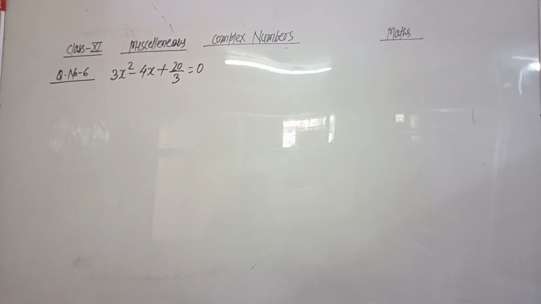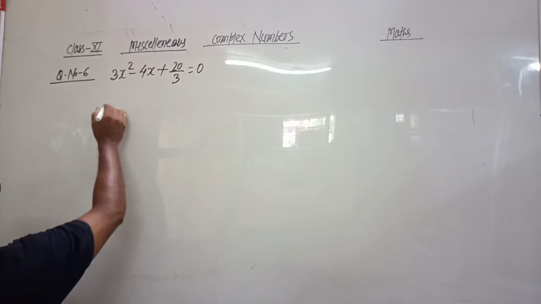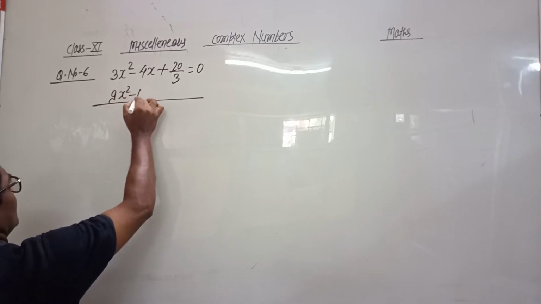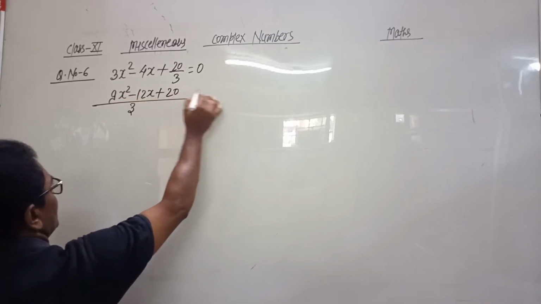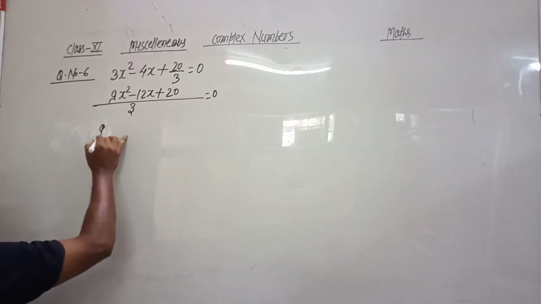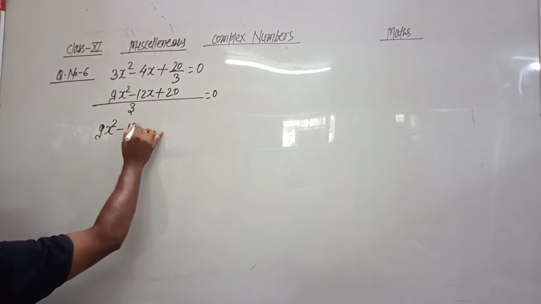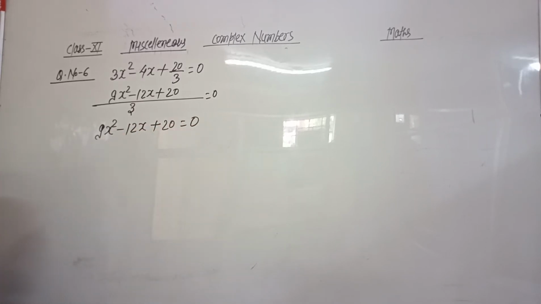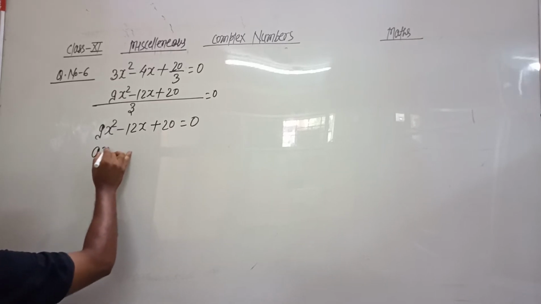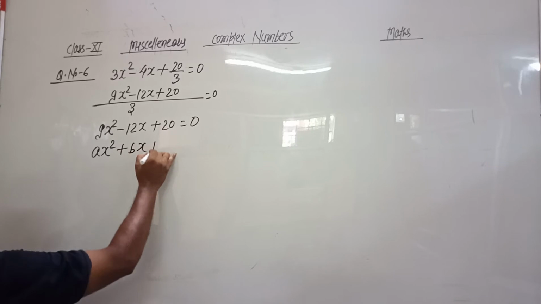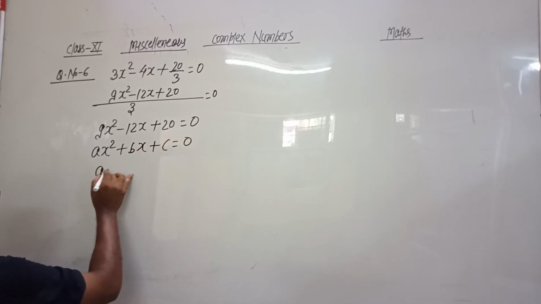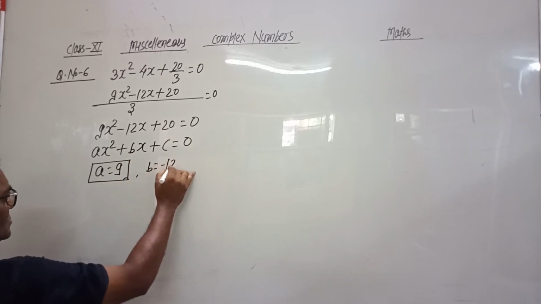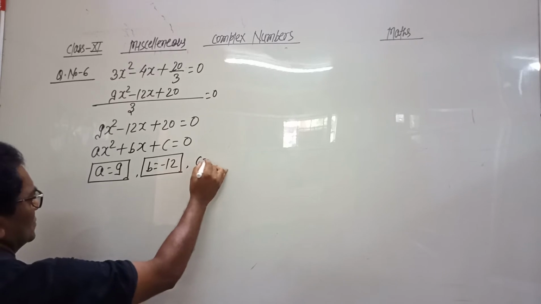In the very beginning, we take the LCM of the whole expression, which is 3. So 9x square minus 12x plus 20 equals 0. Comparing with the standard quadratic equation ax square plus bx plus c equals 0, the value of a is 9, b equals minus 12 and c equals 20.